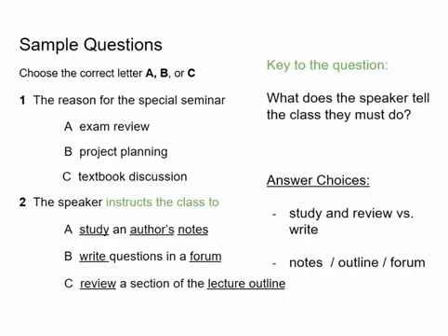So we'd have to look later in the sentence or in the phrase to figure out, okay, what are they supposed to study and what are they supposed to review for these two answer choices? Well, for A, it's studying author's notes. And C, it's reviewing a lecture outline. Those would be key details to keep separate as you're trying to listen for the answer to this question.